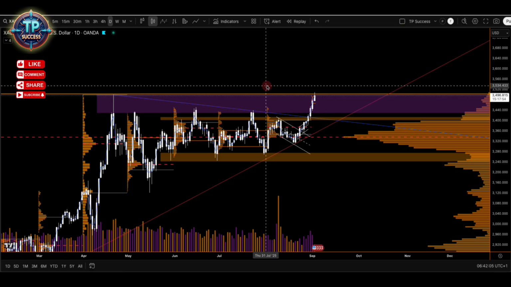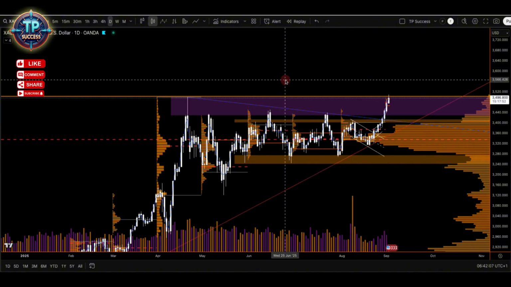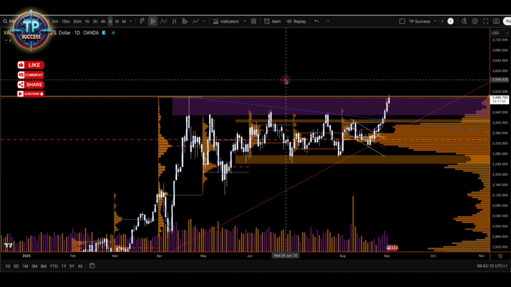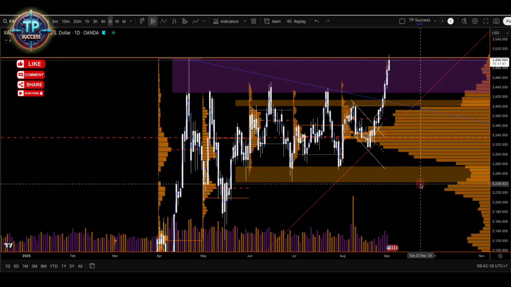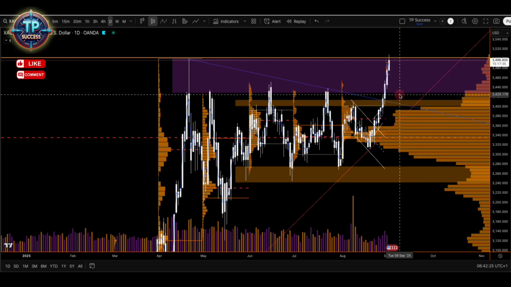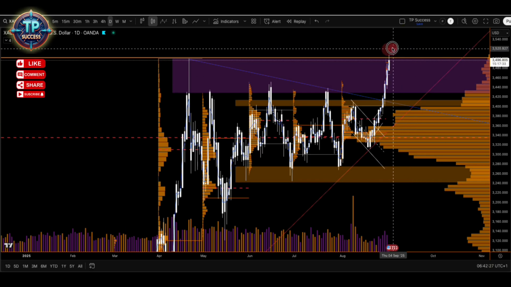So with that said and done, this is what I'm thinking that price is going to do today or possibly tomorrow, right? I believe that price is going to either continue to push up, right? So this is for today, continue to push up, and we might actually get a close above this level, right?